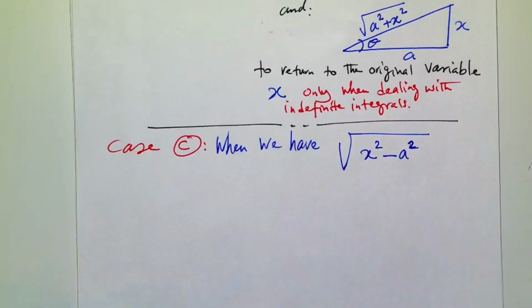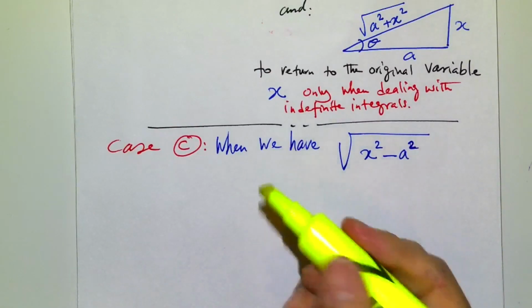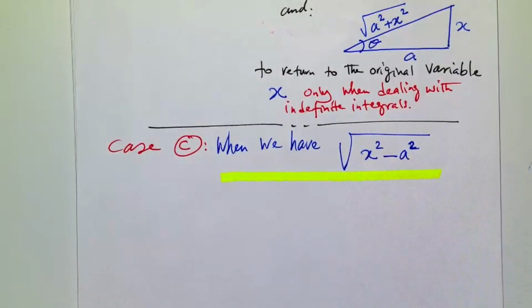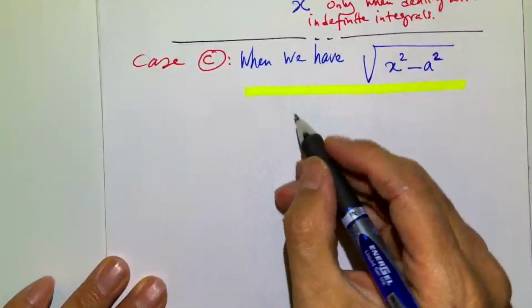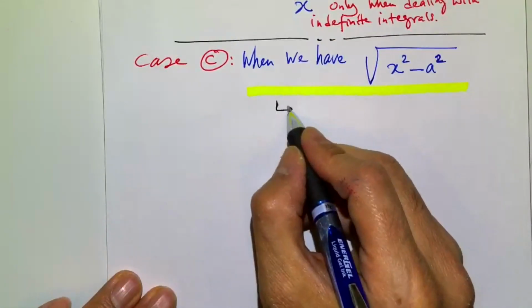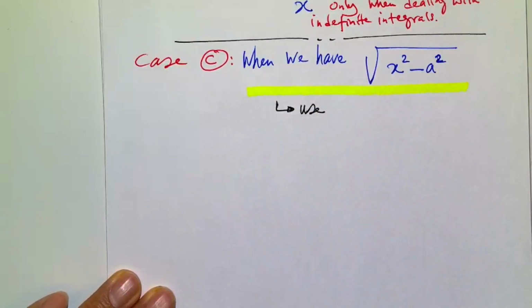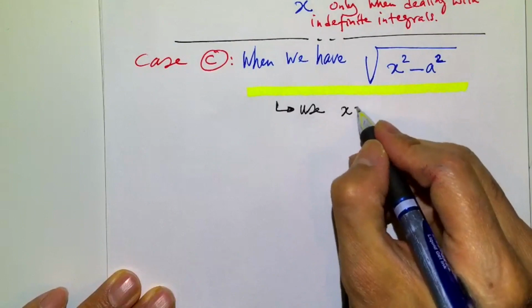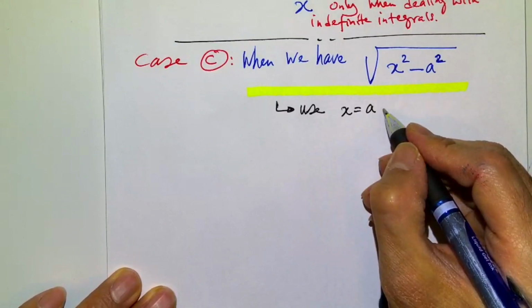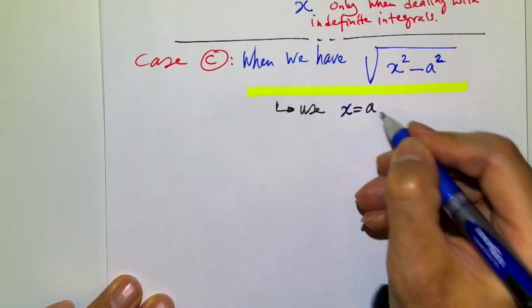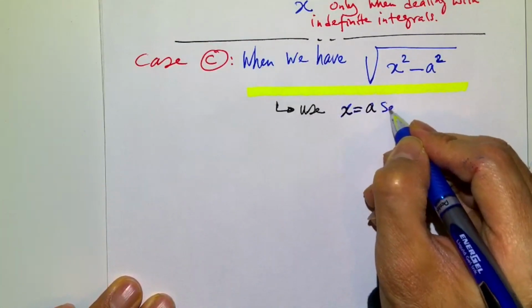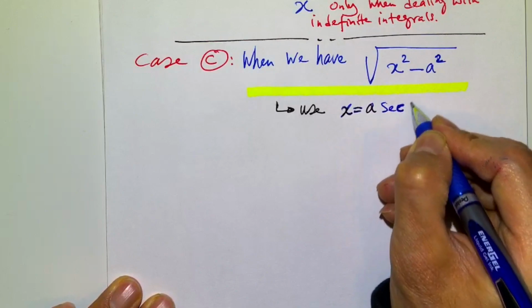If we have a term like that, and I want to highlight that this is our case here, then we want to use x equals a secant theta.